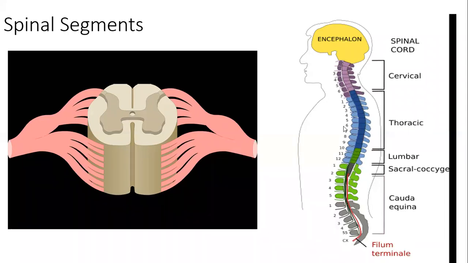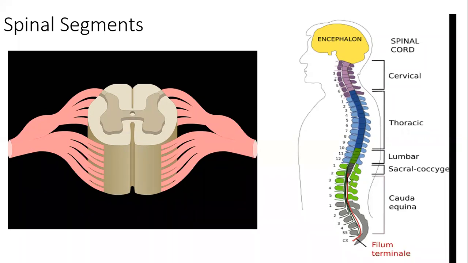I would like all of you to pay attention to this diagram on the right side of the slide. We know from our previous lecture that in adults, the spinal cord ends at the lower border of L1, or between the first lumbar vertebra and the second lumbar vertebra.